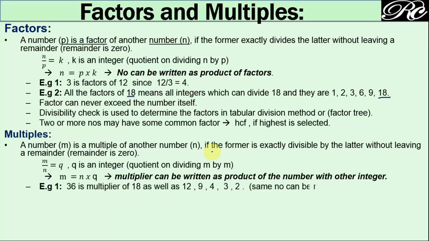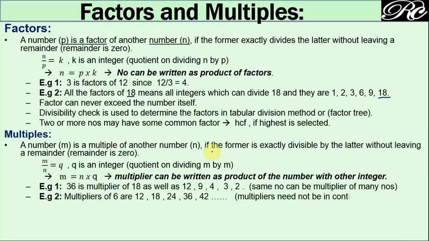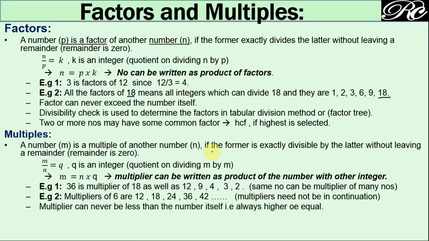So 36 is a multiple of 18 as well as 12, 9, 4, 3, 2, even 6 also. The multiples of 6 are the table of 6, meaning 6, 12, 18, 24, 30, 36, 42, and so on. So a multiple can never be less than the number itself.